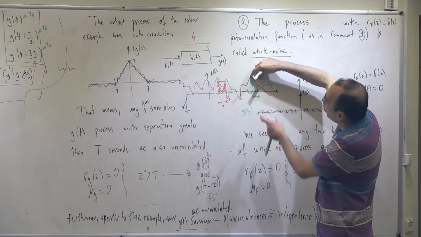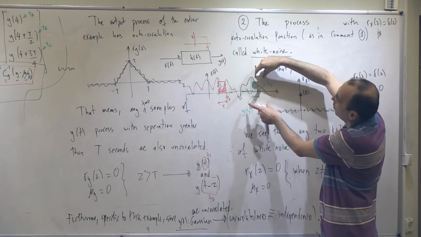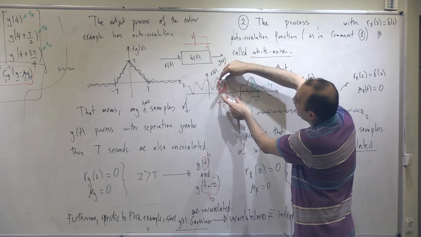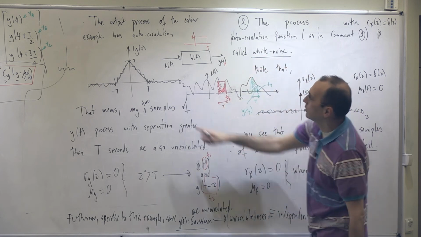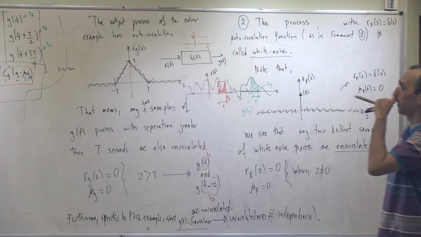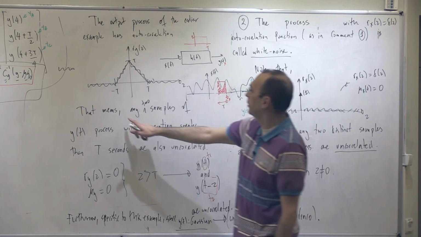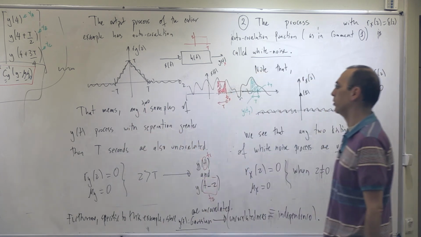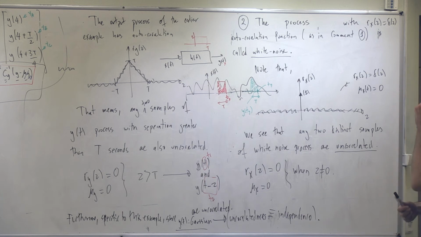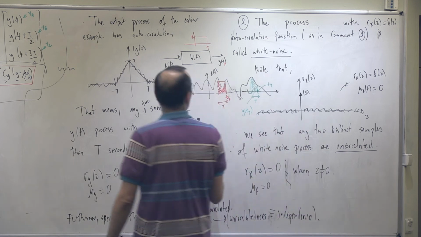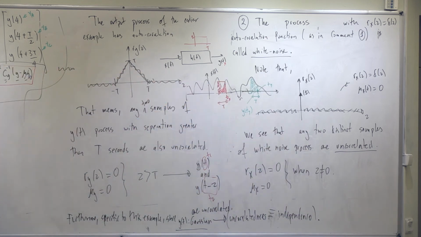The only way to have a correlation or dependence between them is for them to share something in common. This is the reason that the separation by t comes up. That means any two samples separated by t are also uncorrelated. These are mathematical results, but they have important consequences and interpretations. Maybe this is the first time you are seeing it, but if you think about these results, you will find them more and more natural.